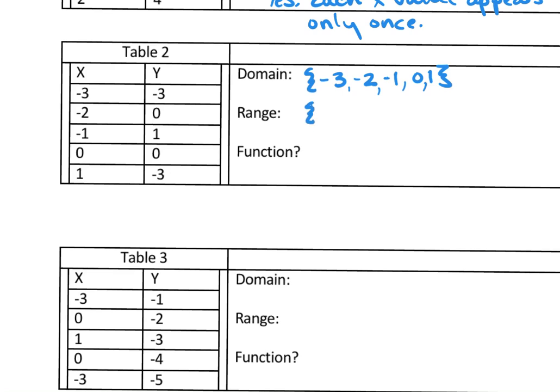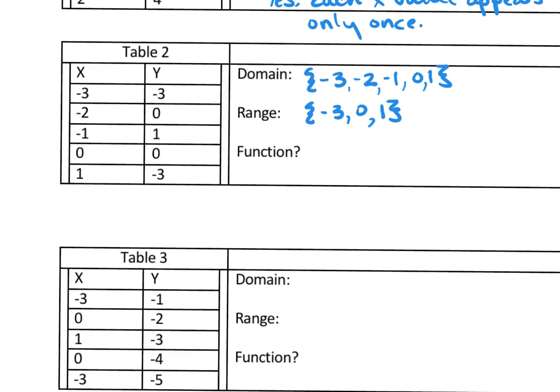And so for our y values, we have -3, 0, 1, and we're going to stop there. We don't want repeated values. We just want to know, okay, what can y equal? And so y can equal -3, 0, and 1. We don't care if it appears once or multiple times. And now the question is this a function?